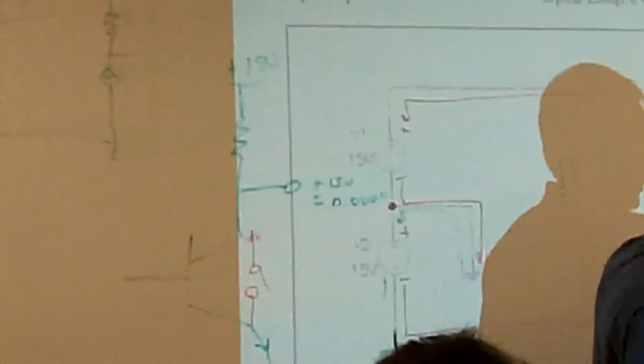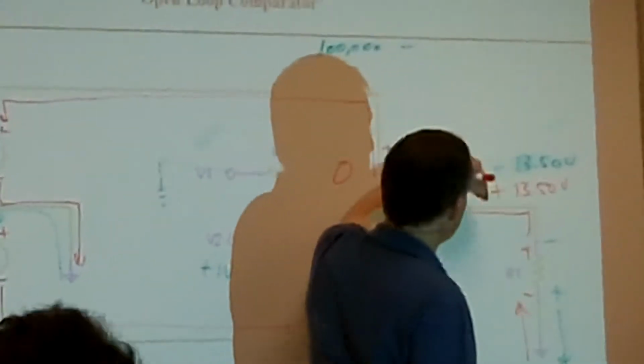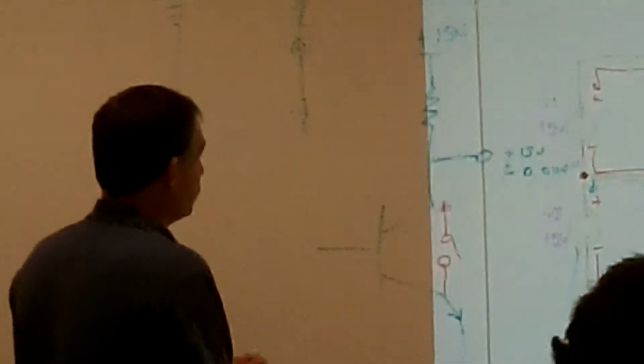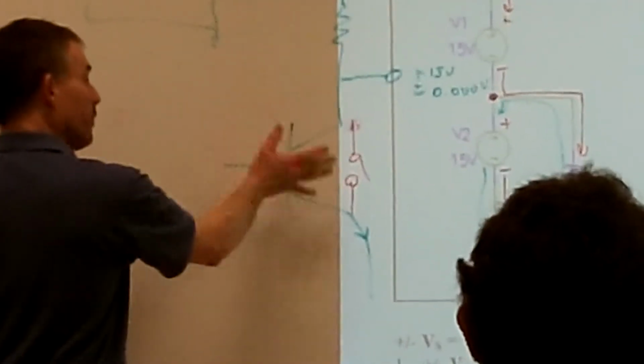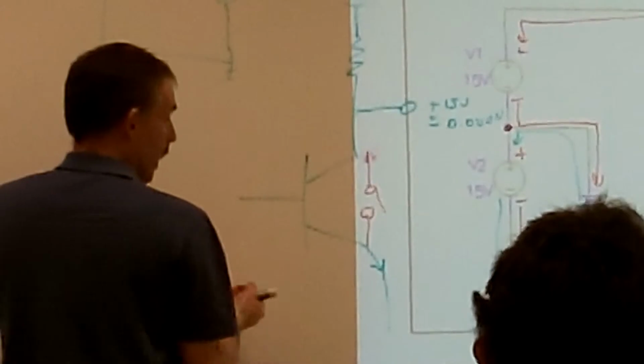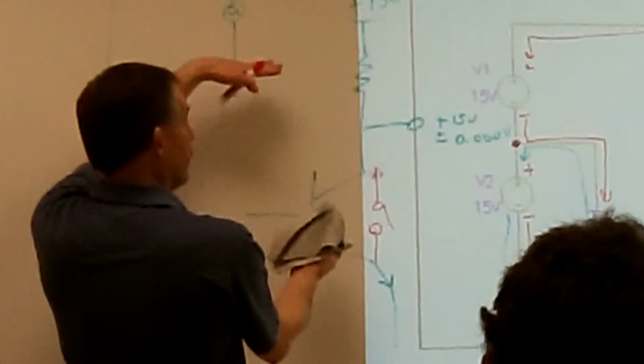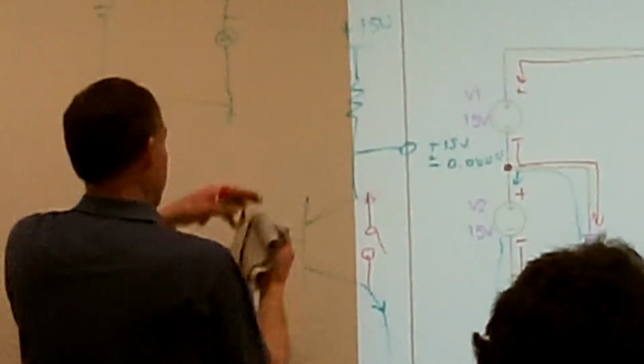Here I can have it either negative 13.5 or positive 13.5. And the benefit of that is, remember when we're doing our common emitter amplifier, we had to have our voltage dividers in there to bring up the AC signal.